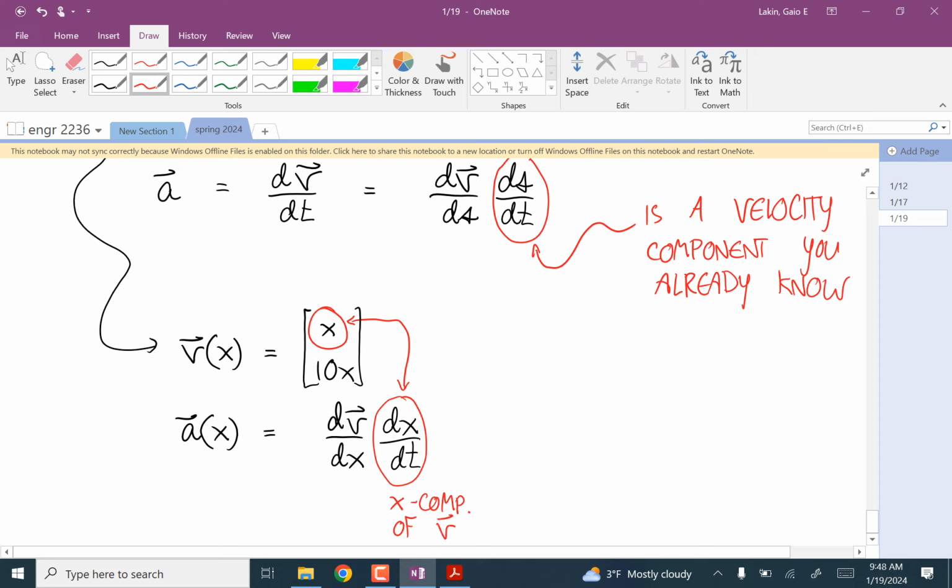Do you see that? The definition of the x component of the velocity is dx/dt. So now this is just going to be equal to dv/dx, which is 2x + 10, multiplied by dx/dt, which this relationship says is x^2 + 10x.